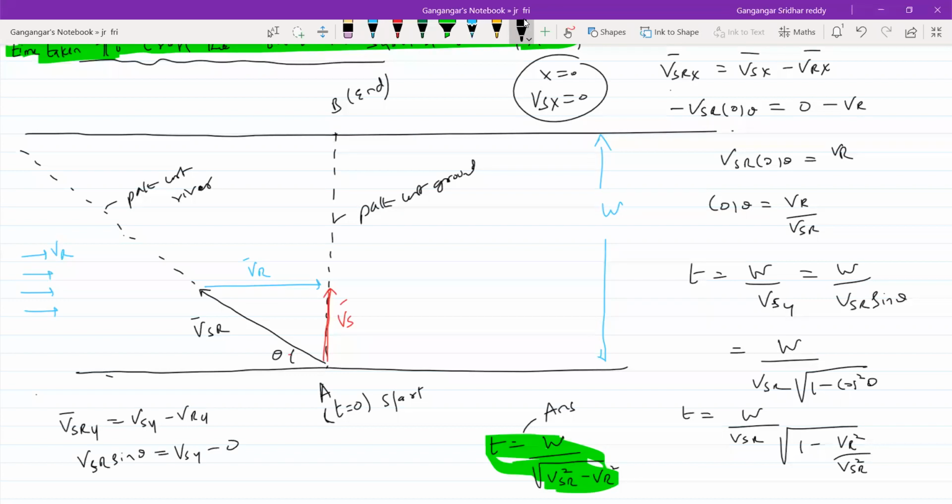That's why Vsy has become Vsr sin theta. These are some background. So what I earlier discussed, that Vsrx equal to that one, you should not forget. So this is a basic idea of the shortest path here.